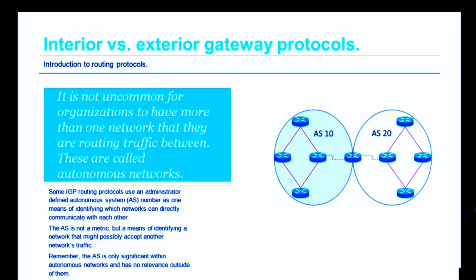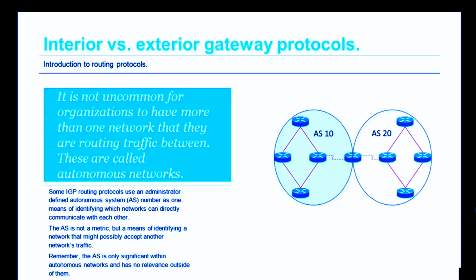Now, it's not uncommon for organizations to have more than one network that they are routing traffic between. These are called autonomous networks. Some IGP routing protocols use an administrator-defined Autonomous System Number, or AS number, as one means of identifying which networks can directly communicate with each other.